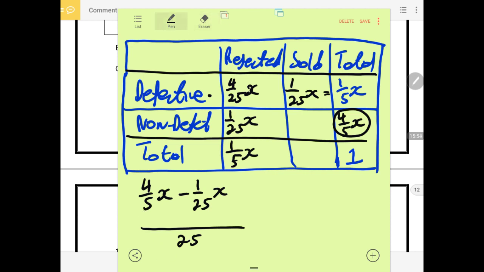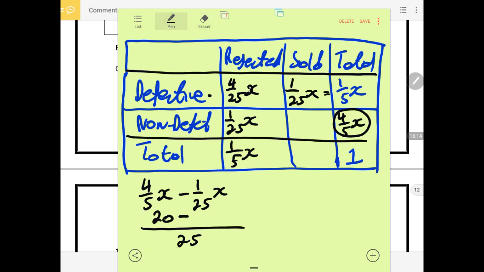Then you say 5 times 4 will give us 20, not 4 by 4. Remember, 5 goes into 25 5 times. 5 times 4 will give us 20.